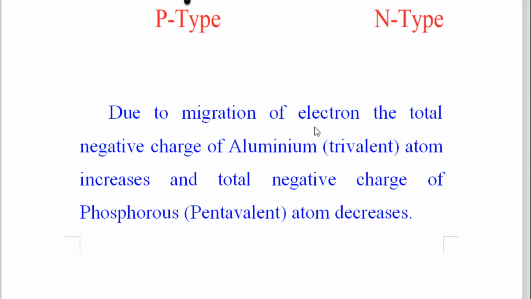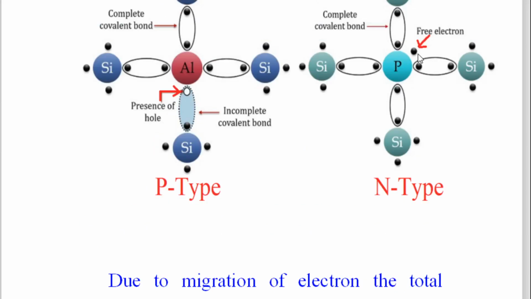So due to the migration of electron, when this electron migrates from this side to this side, the total negative charge of the aluminum atom will increase, because it already had three electrons and now one more electron occupies the hole. Because the electron is a negative charge particle, the total negative charge of this aluminum atom will increase.